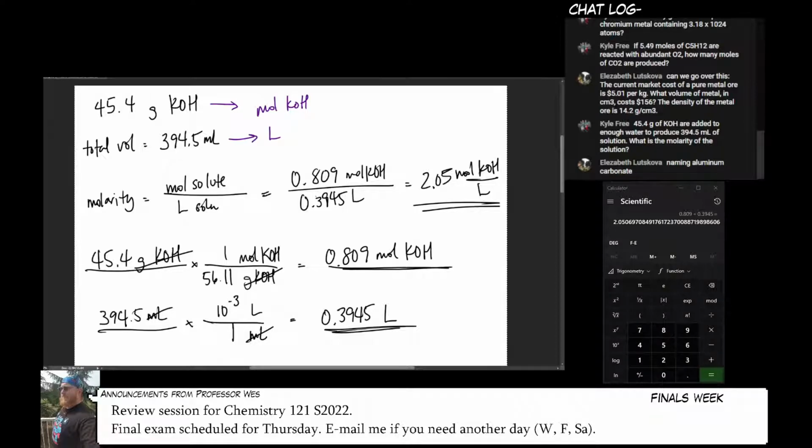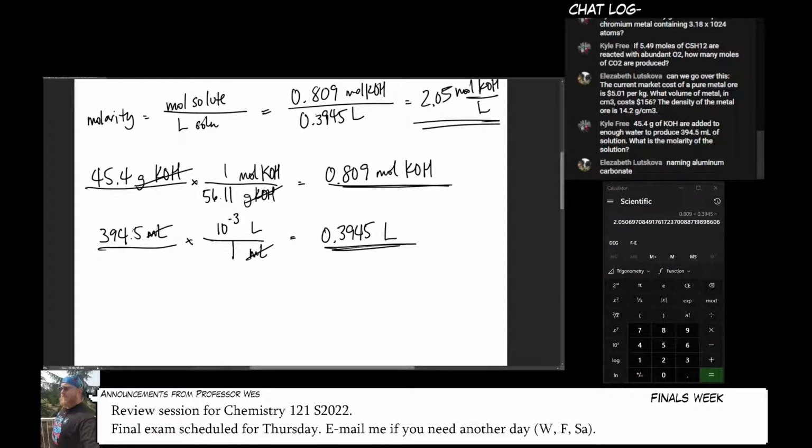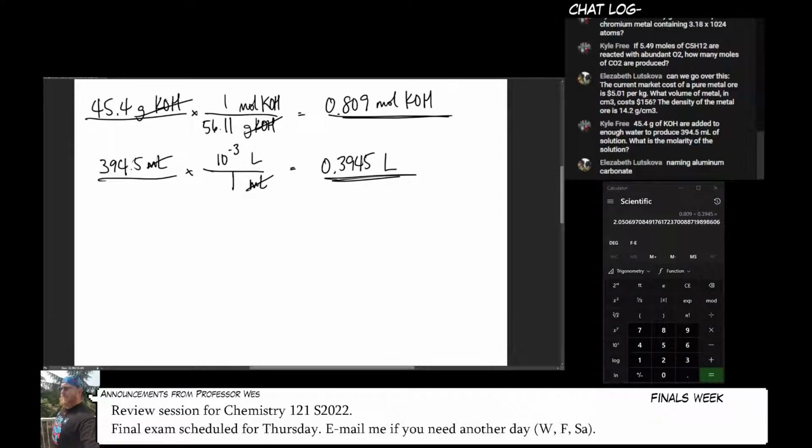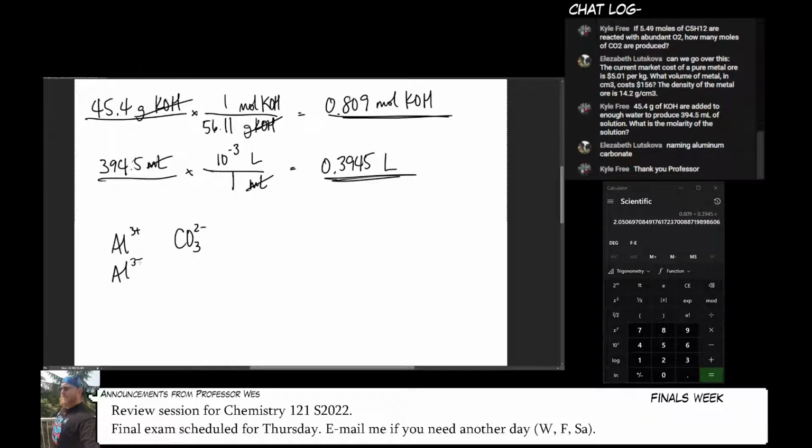All right. And then this last one right here, naming aluminum carbonate. You've already given it the name, so I'm not really sure. Did you read the formula? So aluminum has this charge, and carbonate has this charge. So if I was going to put them together, I would need this many of each so that the charges balance.